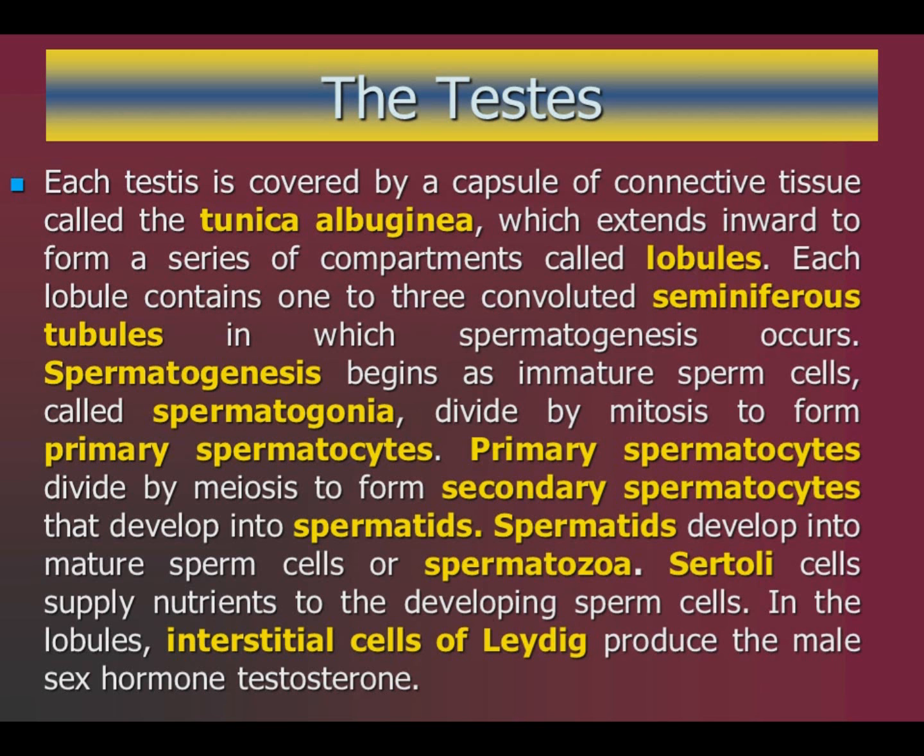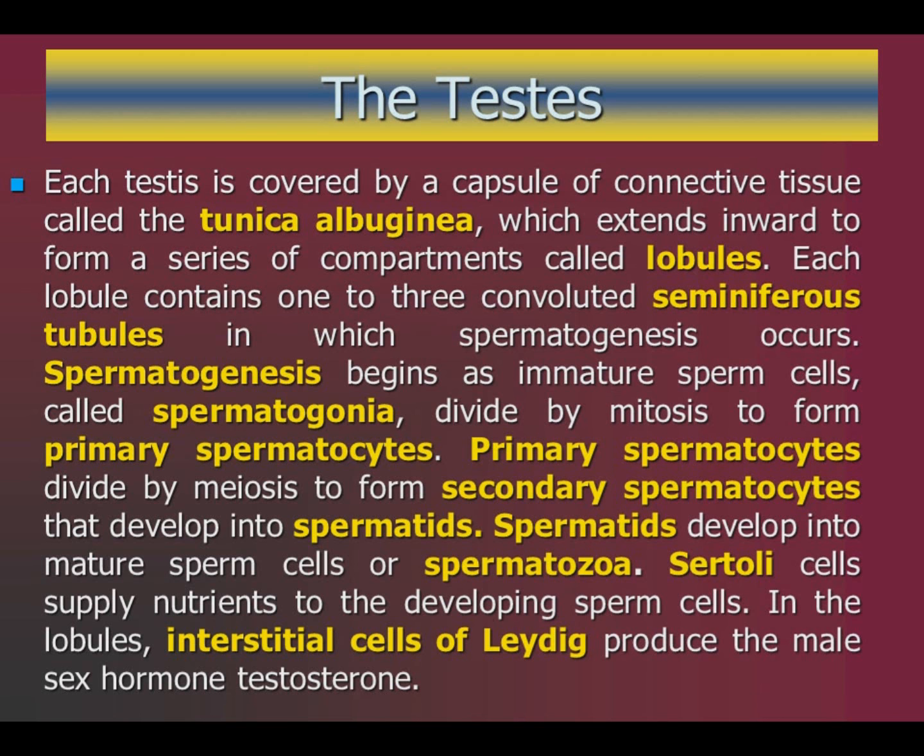The interstitial cells of Leydig produce the male sex hormone testosterone. Thus, we see that two different areas of the testes produce two different products through two different groups of cells. The primary spermatocytes in the seminiferous tubules produce sperm, and the interstitial cells of Leydig in the tissue of the lobules around the tubules produce testosterone.